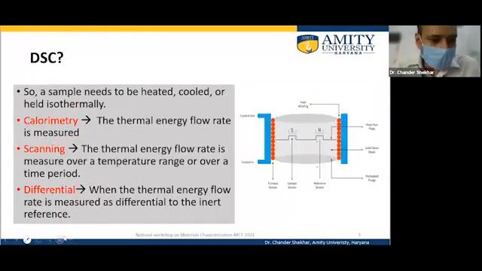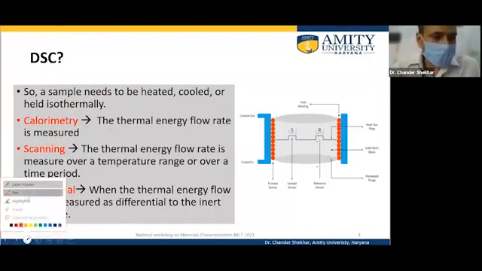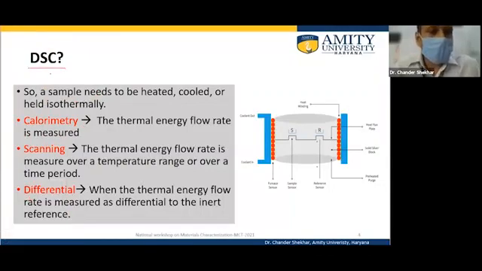Now going to the actual words, differential scanning calorimetry. We know that if there's a temperature range, there's heating or cooling. This particular word, differential, then scanning, then calorimetry.